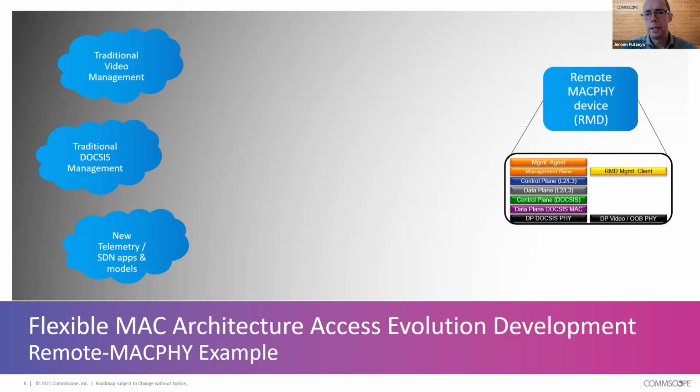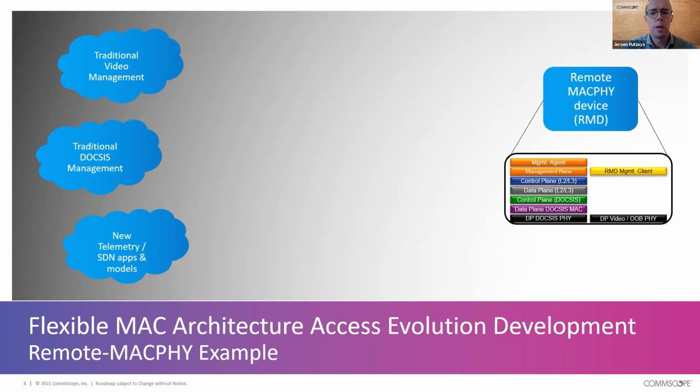We're showing only the key building blocks to illustrate the concept. On the right hand side of the chart, we have an RMD node, which can be a shelf as well, with the key networking functions highlighted in the different colored boxes.